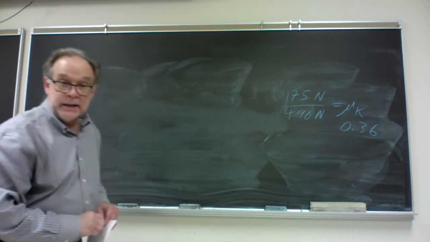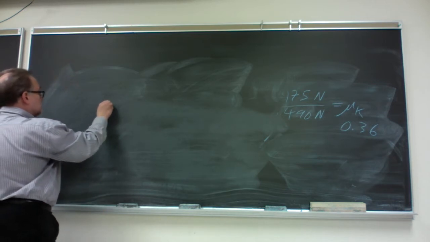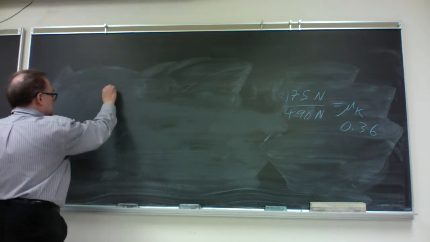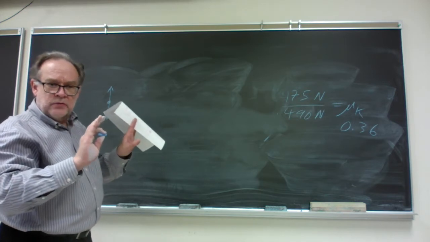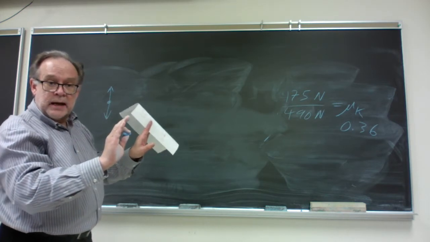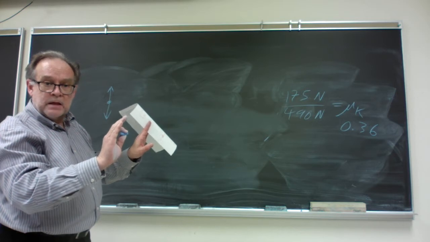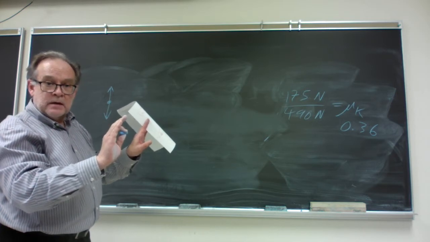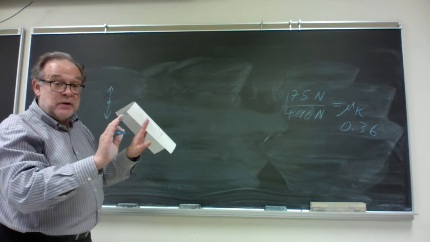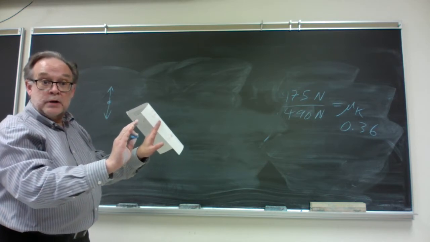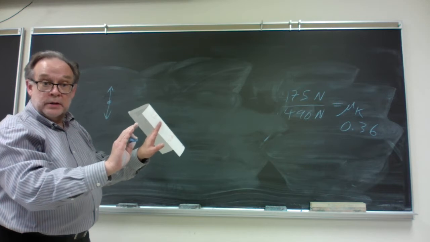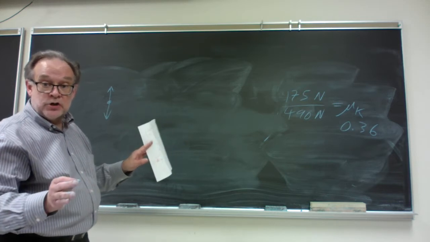So what's going on in that case? Let's say I'm just at the point, just on the verge of getting that crate moving. If I push a tiny bit harder, I will at that point be pushing harder than the maximum static friction.